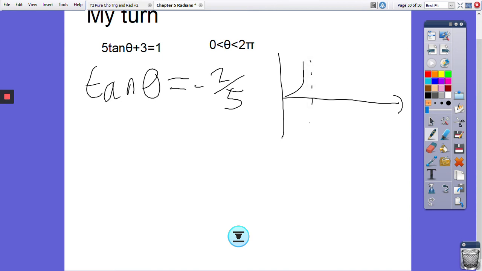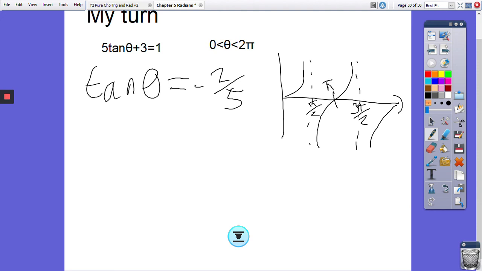There's your first little asymptote. There's your second one. And there we go. Just about legible of what we mean here by this. Of course, this value here is pi. Here's pi over 2 and 3 pi over 2.